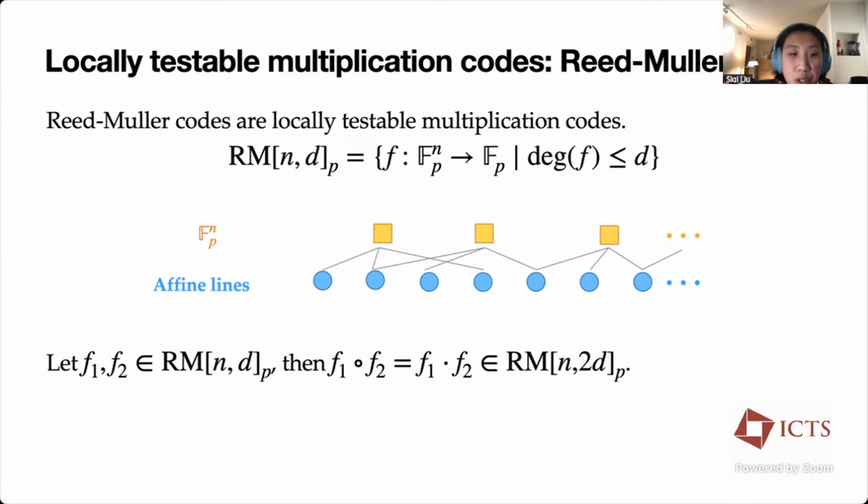If I take the entry-wise product of their encodings, I end up getting an evaluation of a function that's of degree at most 2d. So we know that code word comes from the code space of Reed-Muller codes with n variables and 2d being the degree bound. In some sense, saying Reed-Muller with n, d parameters and Reed-Muller with n, 2d parameters have this multiplication code property.